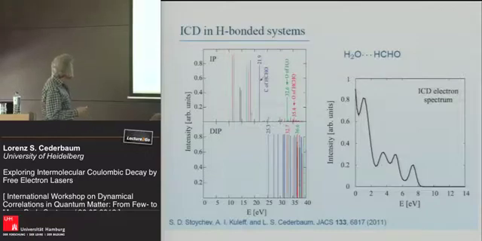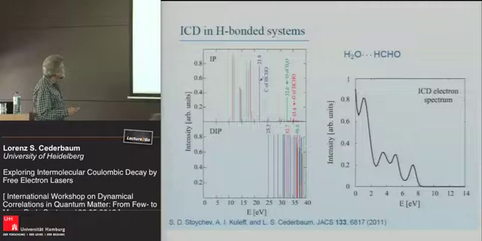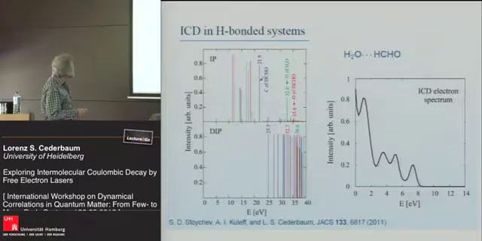And ICD in hydrogen bonded systems, here is an example. We calculated all of those. It's formaldehyde and water, for example, and you see here the computed ionization, like a photoelectron spectrum, but computed at fixed geometry for this complex.